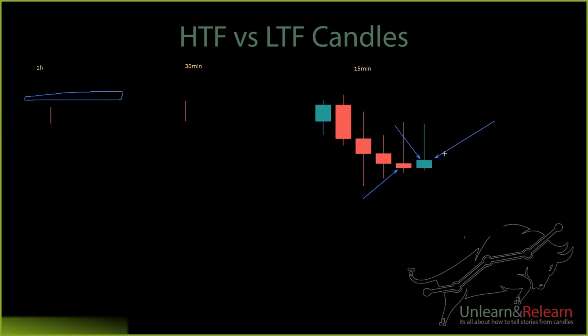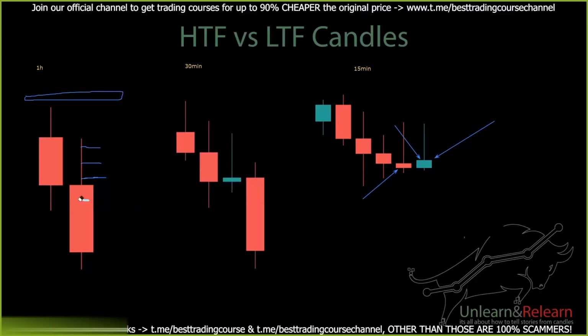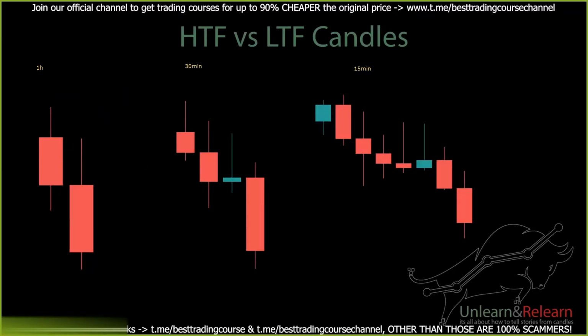It's a smaller time frame, so it's giving us weak confirmations. This doesn't make any sense. That's why we're looking at the higher time frames, because the higher time frames will tell us where price is going to go. Eventually it starts to go down, but on the 1 hour it was much, much cleaner. On the 30 minute it was a little bit dirty. On the 15 minute it was pretty garbage, pretty hard.